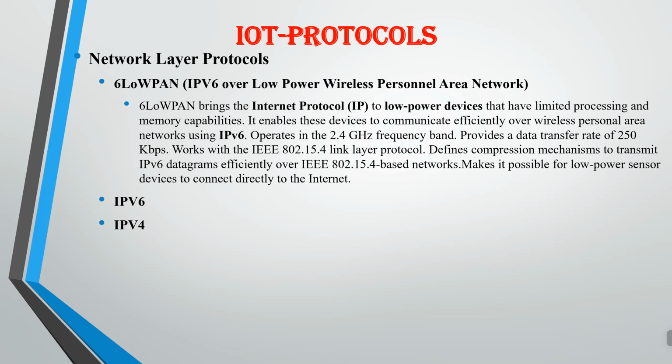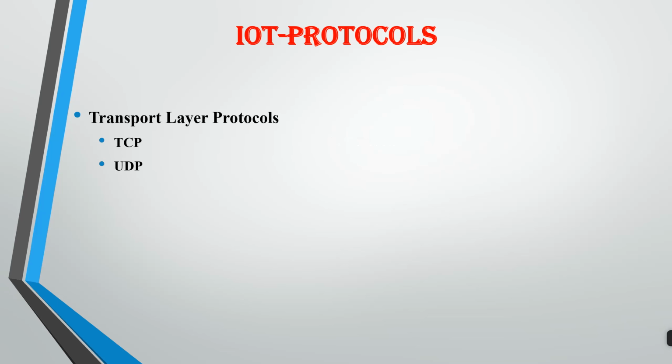Now for the network layer protocols, most of the time IPv6 is the standard protocol used, but there is also 6LoWPAN, low power wireless personal area network. It's a version of IP for low power devices in a personal area network at a distance of 10 meters. For the transport layer, most of the time we use TCP as well as UDP protocols.